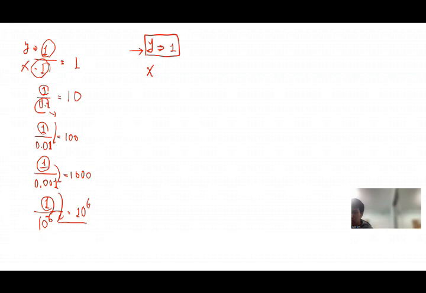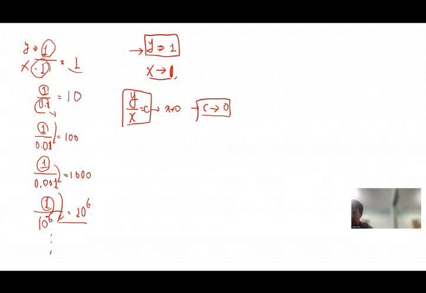But x now goes to where? 0. Yeah, you see the kind of trend? x goes to 0. So in case you have y over x and x goes to 0, then what number does c go to, if you think of y over x as c?